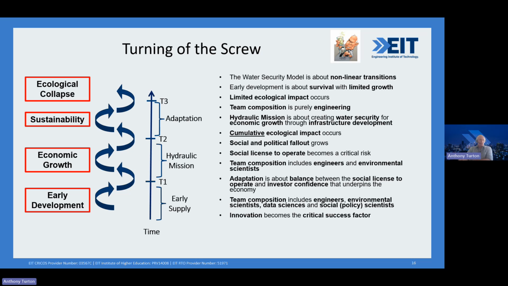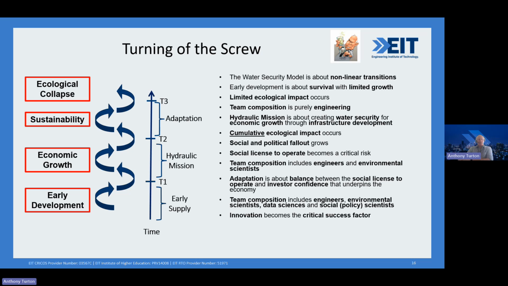So you start off with engineers, then you've got environmental scientists, then a data scientist, and then ultimately social policy scientists, anthropologists, all that kind of stuff that eventually comes in. They all speak a different language. They've all got different perceptions of the world, and completely different methodologies, and that's where it gets challenging.